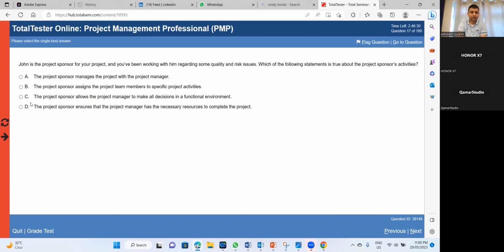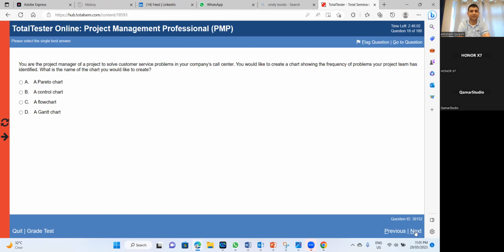Okay, you are trying to say it's technically wrong. Yeah. So the sponsor's job is to equip the PM with all the necessary resources that he needs to complete the project: money, equipment, resources, whatever. Because he's the sponsor, he's authorizing the charter and authorizing the PM to use organizational resources to complete the project. So he is the one who pays your bills.